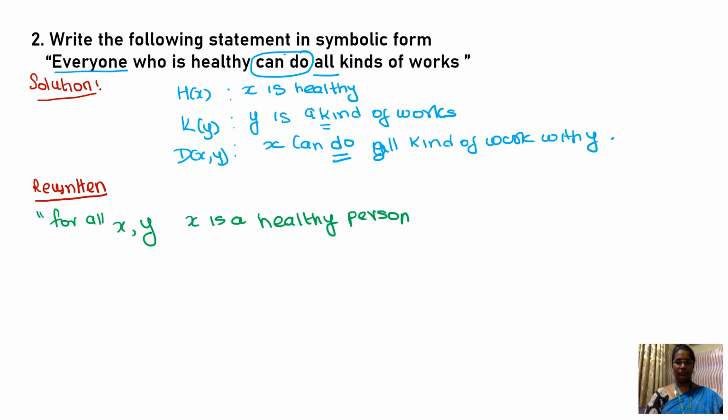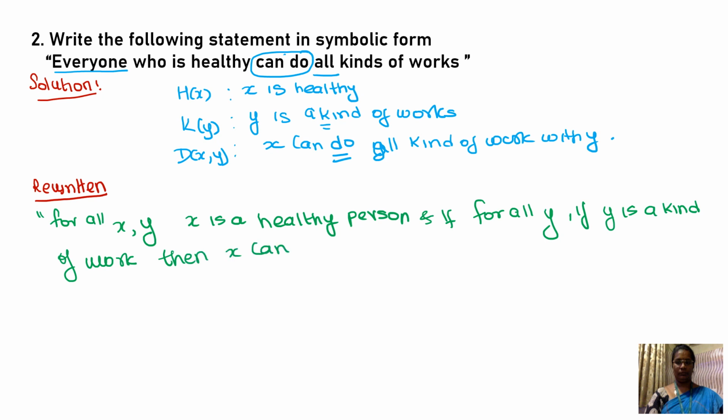So if x is a healthy person, and for all y, if y is a kind of work, then x can do all kinds of work.